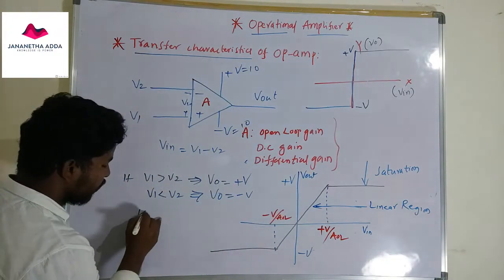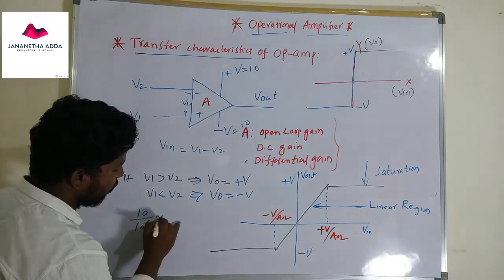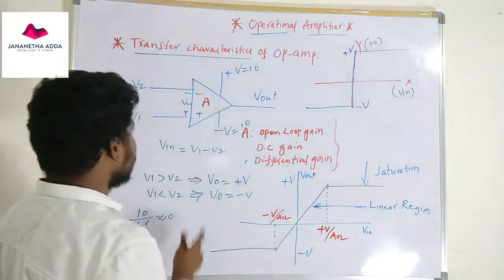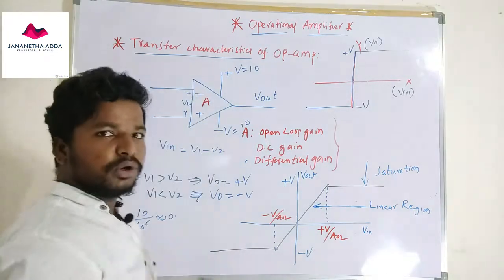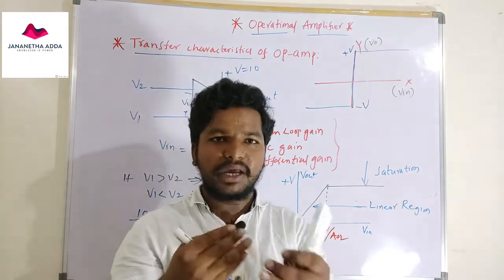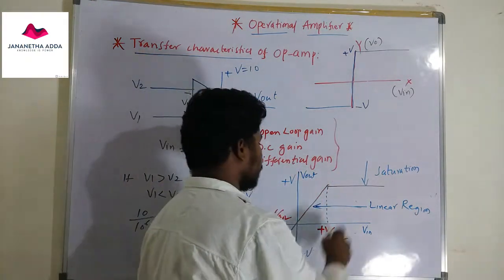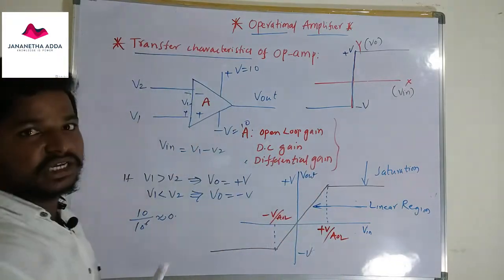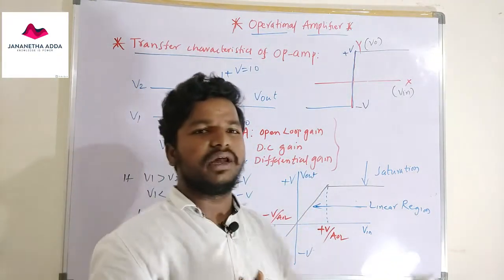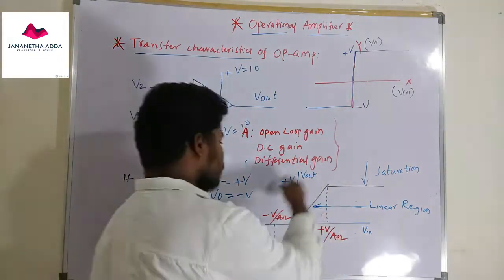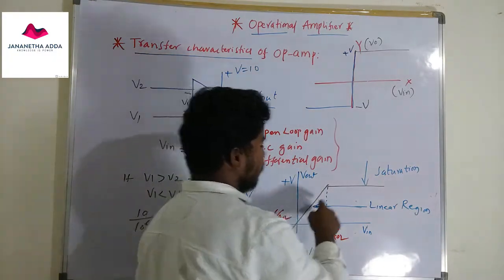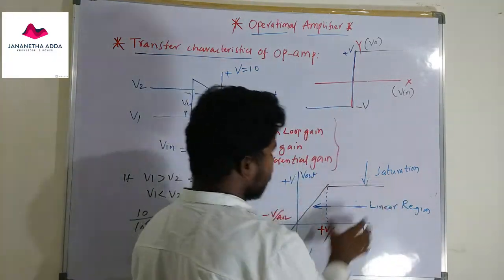If I have 10 volts divided by 10 to the power of 6, it is approximately 0. So the differential input will compare small voltages and change. This duration will be very small. So it will act as a negative feedback amplifier. This is the negative feedback region and this is the positive feedback region.